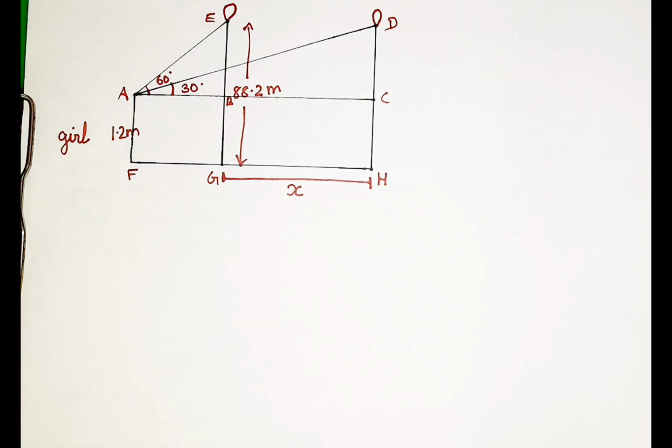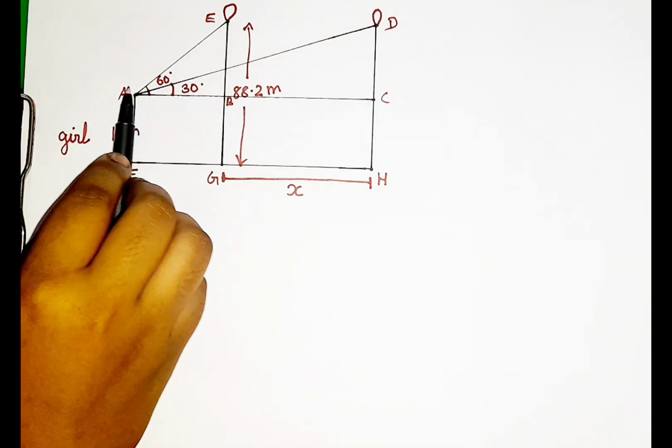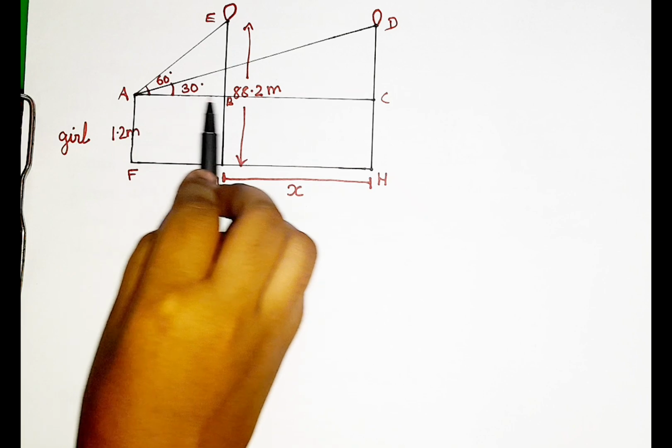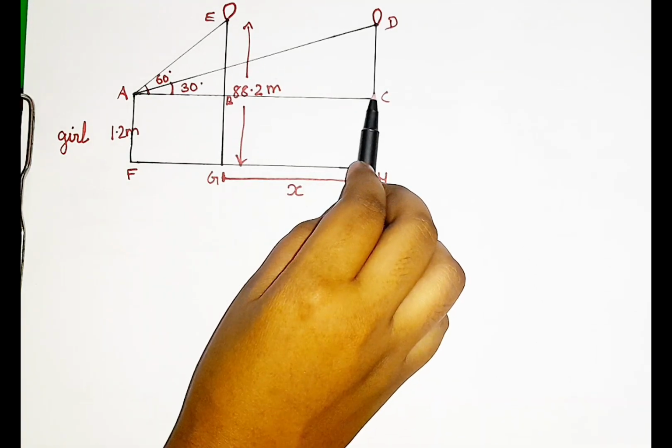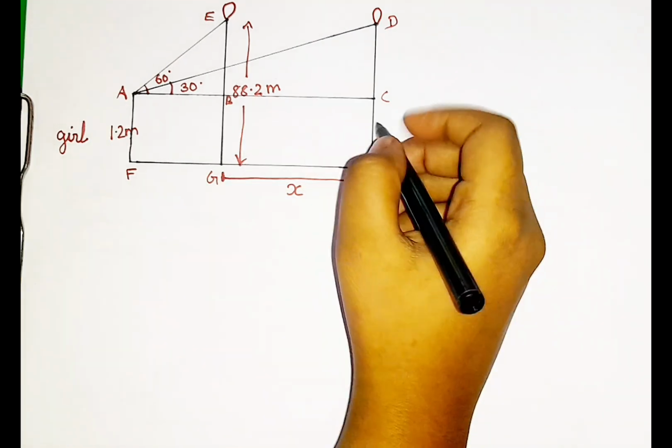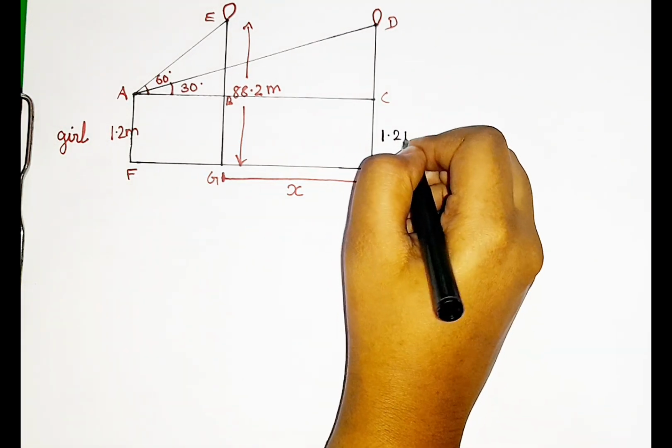All right, now look at the figure carefully. Since we have a measurement here as 1.2 meter, when you come straight, here also it will be 1.2 meter.